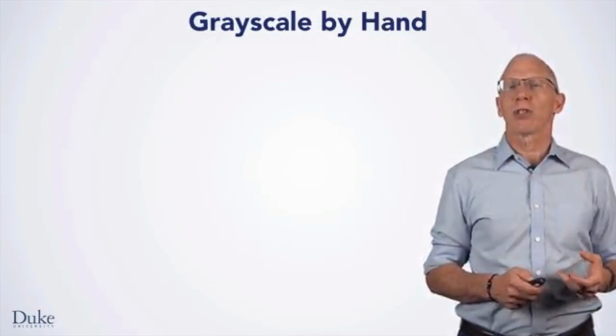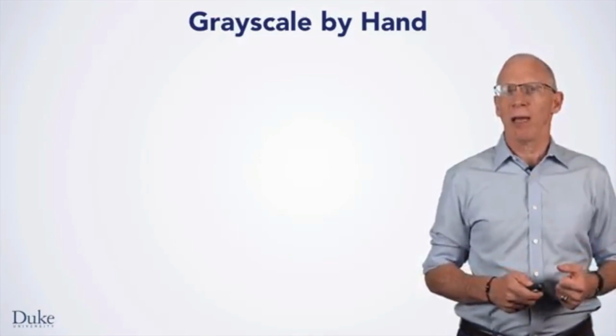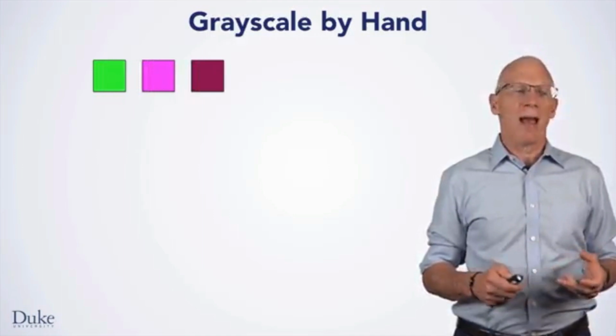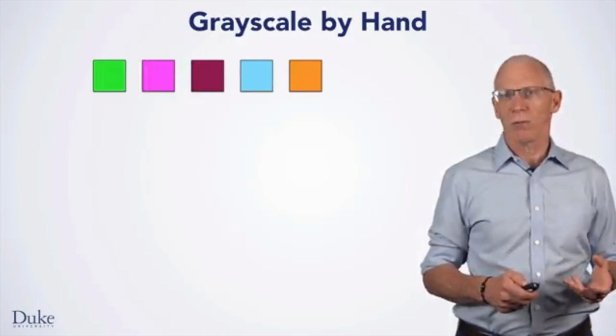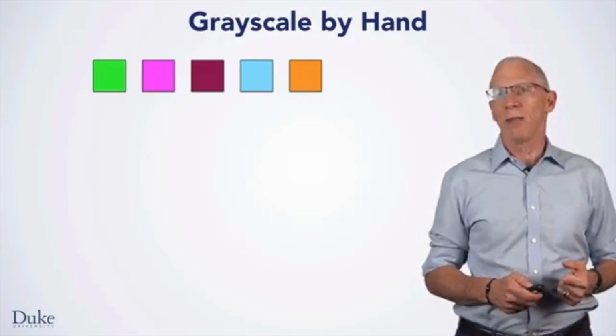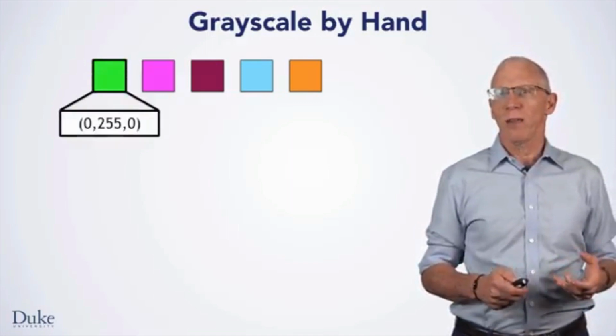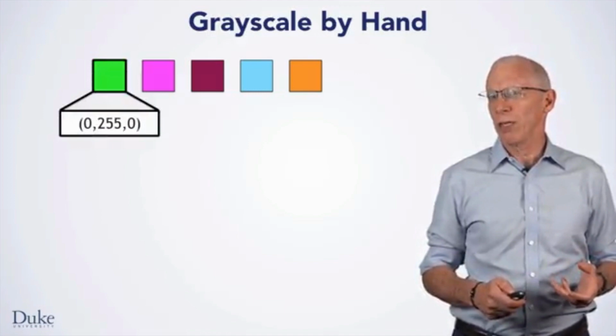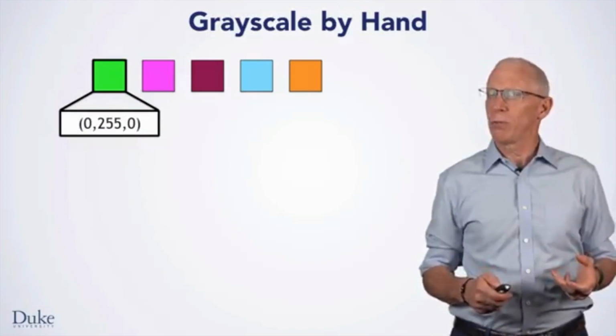Let's look at the first step, working an example by hand with some sample pixels. To do any math on this green pixel, we need to know the RGB values. For green, that's 0 red, 255 green, and 0 blue.